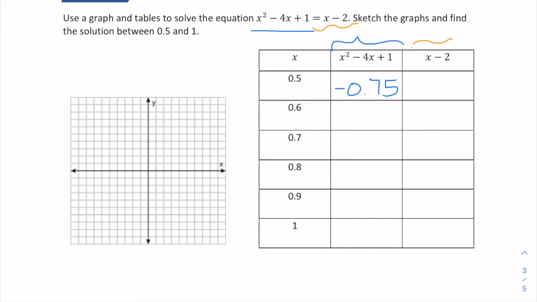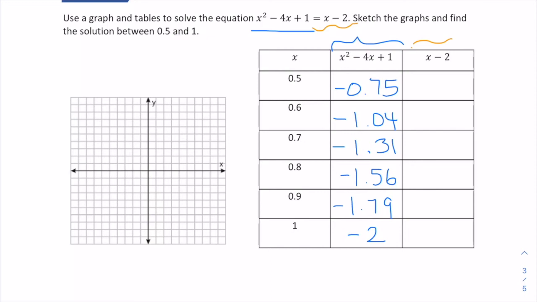And then when I plug in 0.6 into that equation, I'll get negative 1.04. And 0.7, I'll get negative 1.31. And 0.8, I'll get negative 1.56. And at 0.9, I'll get negative 1.79. And when I plug in 1, I'll get 1 minus 4 plus 1, so that's going to be negative 2.